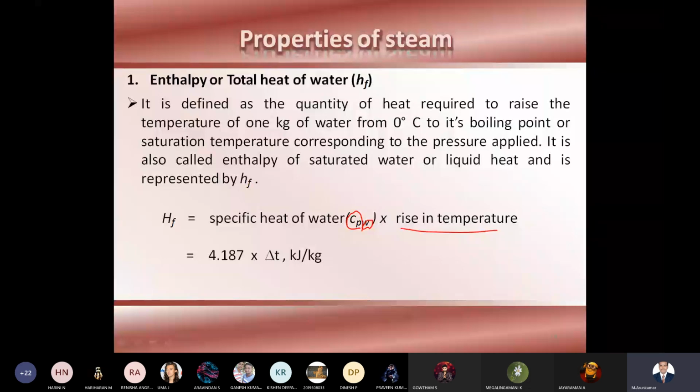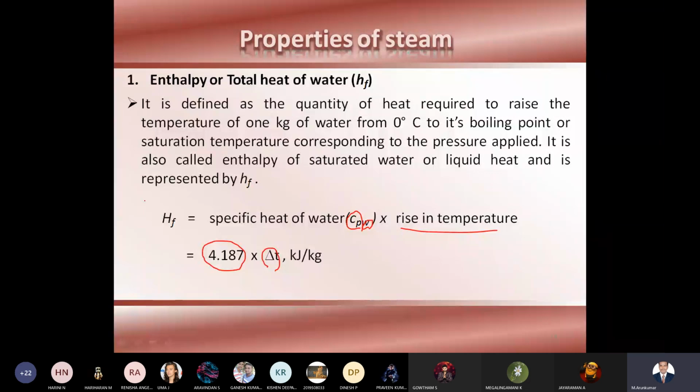The heat required to increase the temperature of 1 kg of substance from 0 degrees Celsius to boiling point, the specific heat of water at constant pressure will be 4.187, that can be taken from our property tables. Then the change in temperature. So if you want the enthalpy of water or total heat of water, you can calculate that if you know the temperature difference.